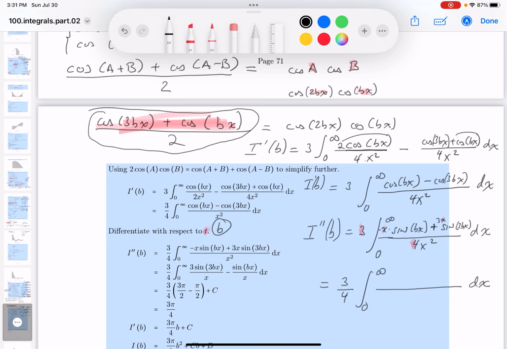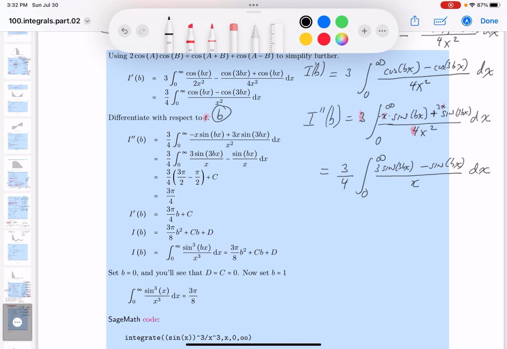And I reduce the x, so I get just x over here. That's taken care of. And then what do you get? You're going to get minus sine bx. And then on the other one, you're going to get 3 sine of 3bx. Okay?